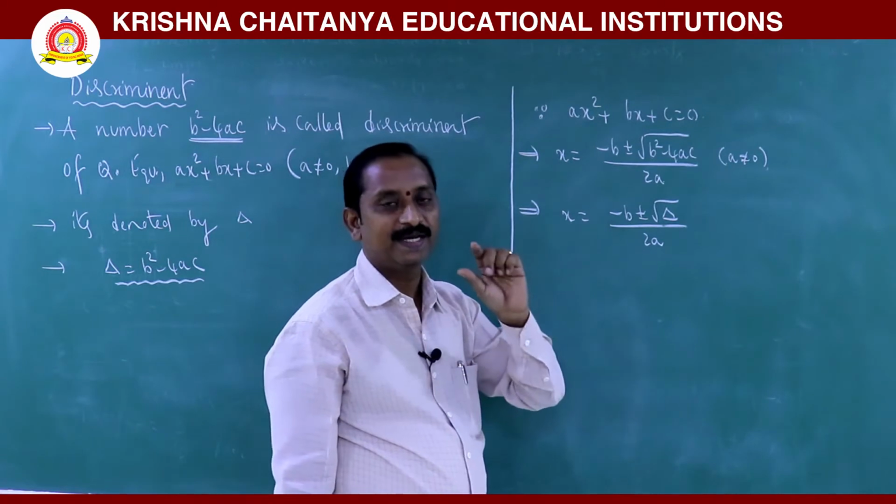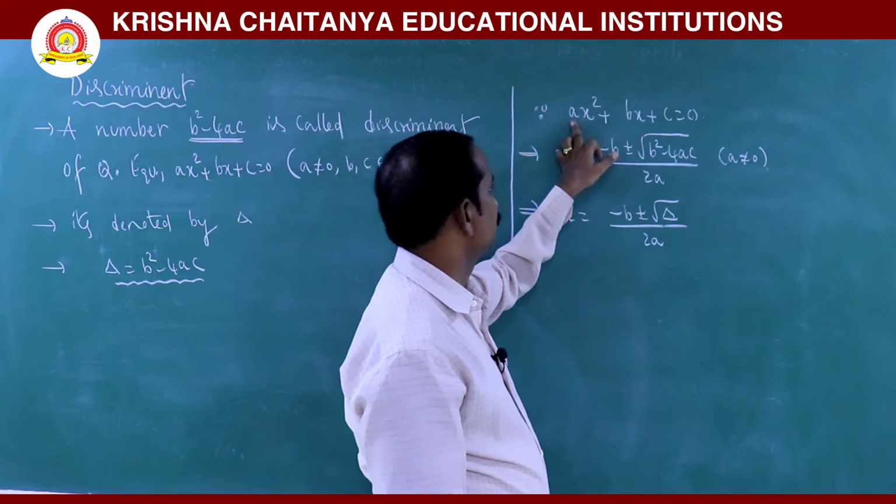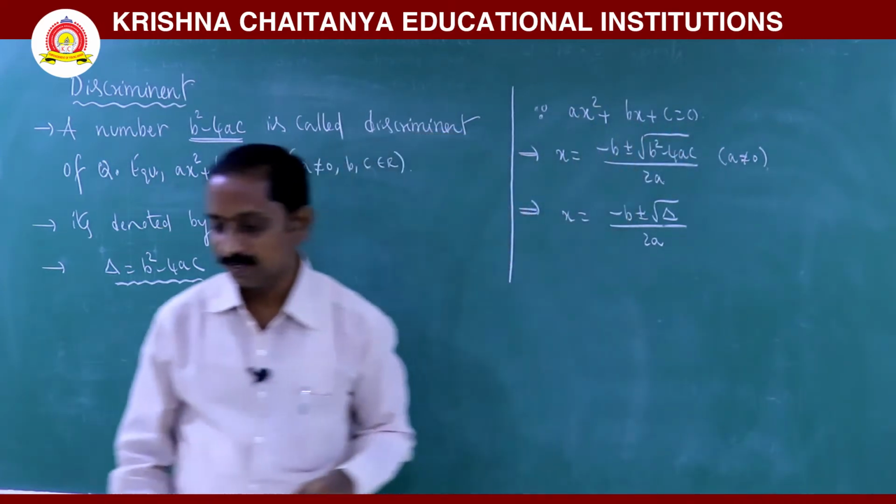Now we discuss the nature of the roots for the respective quadratic equation in which a, b, c are real, or a, b, c are rational.